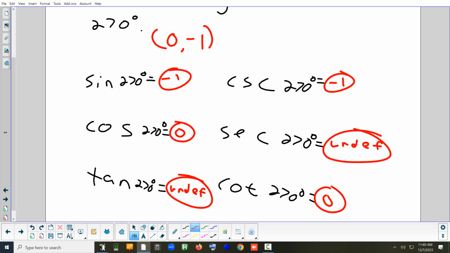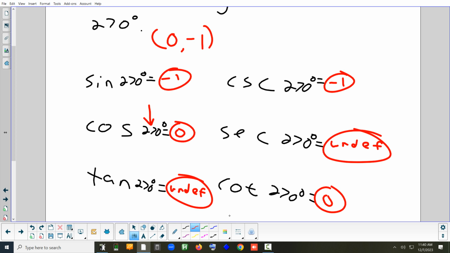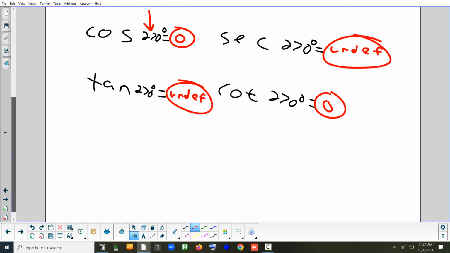Just to be clear about all the things circled in red, there's no label on that. It's not like 0 radians or 0 degrees. The radians or degrees is what's plugged in right here. The answer you get on the other side is just a number. There is no label on that number. If you want to understand why, think about right triangle trig.